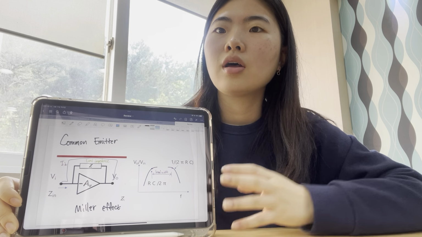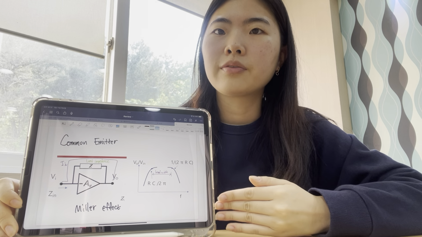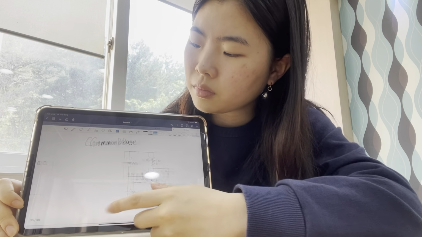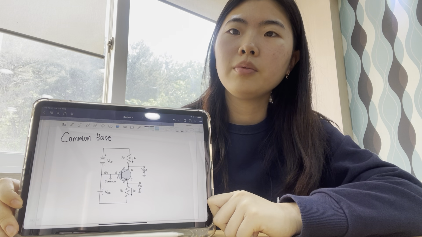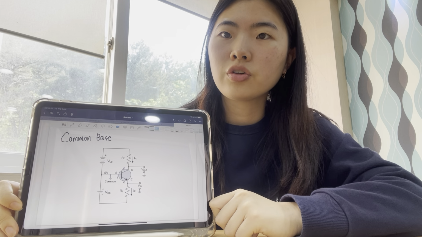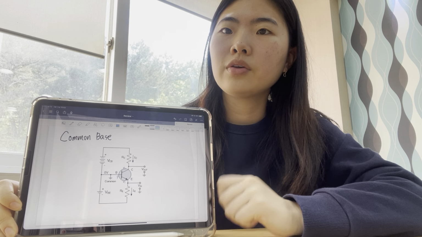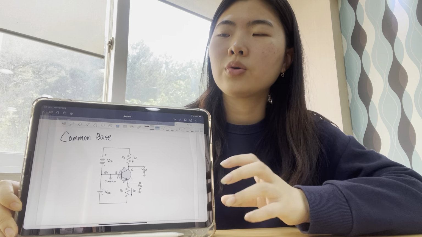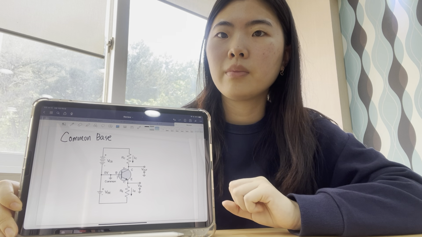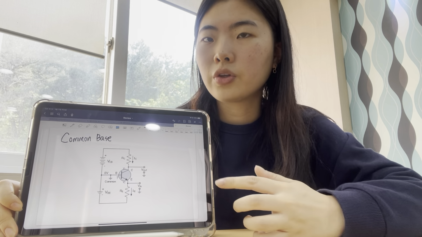So we should solve the Miller effect problem. The common base is the solution of the Miller effect, and because of this we can control the bandwidth and the current flow too.